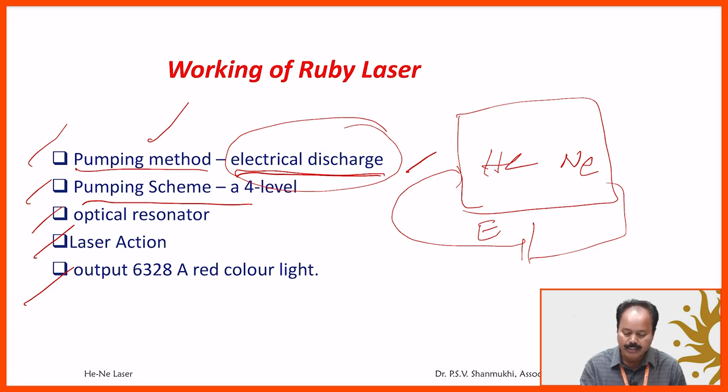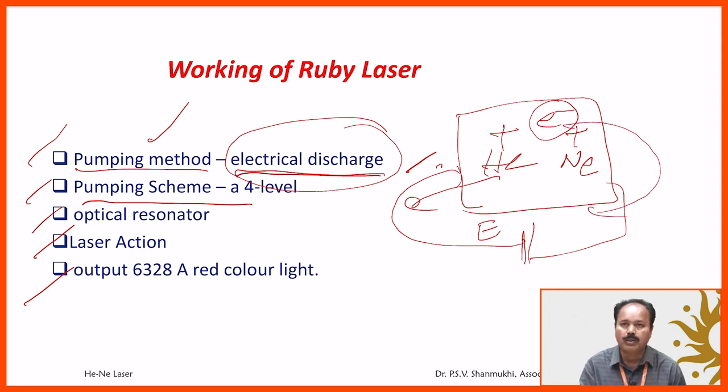That means in the chamber, helium ions, neon ions and electrons will be produced. Generally, the positive helium and neon ions travel towards the negative electrode, and electrons travel towards the positive electrode.